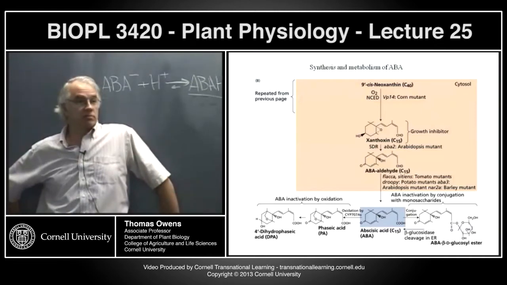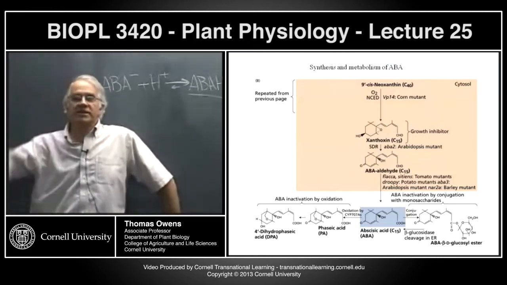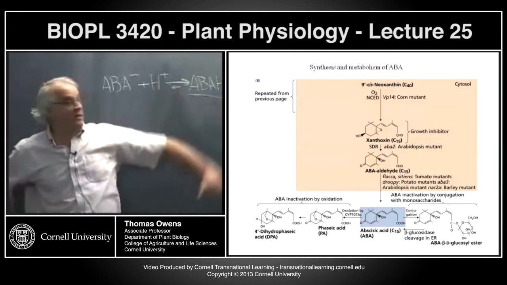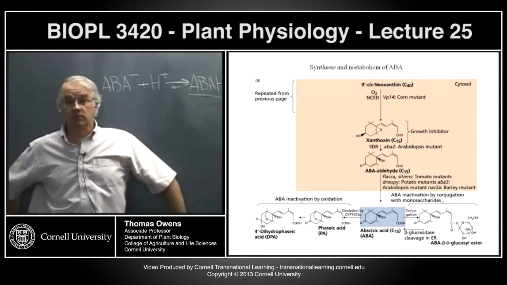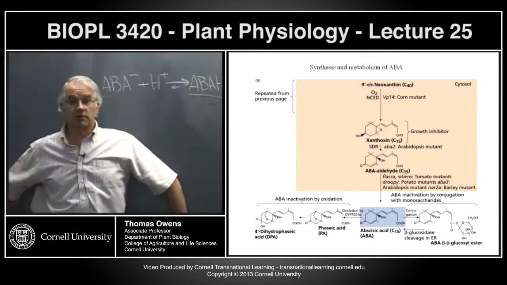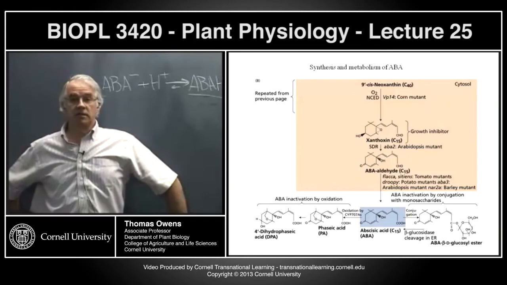It's not in the book. Don't search your mind for something you read. Think about it. Where would most of the ABA be located based on the information we've provided here? High pH or low pH? High pH. Where's the highest pH going to be in a leaf cell in the light?